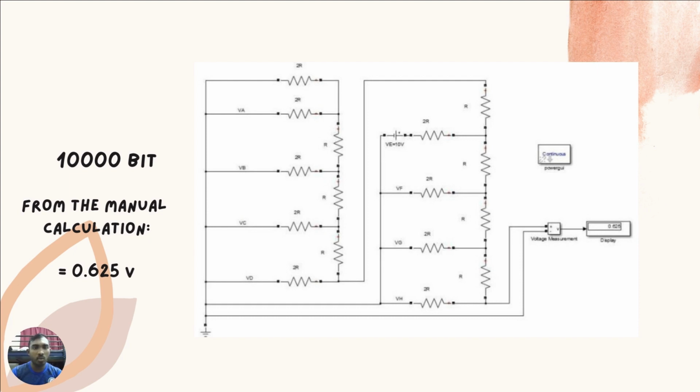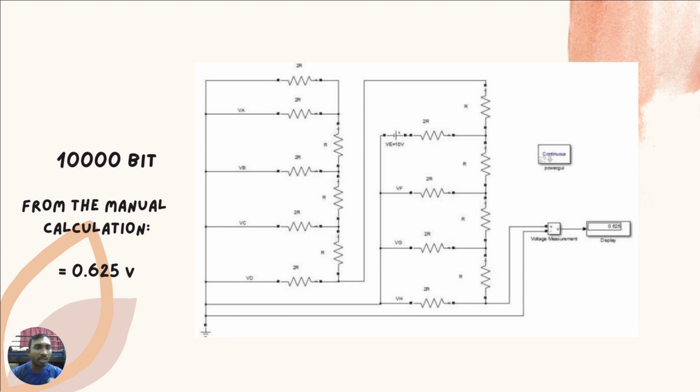As my friend mentioned, we present and explain the manual calculation. For 10,000 bit, we got 0.625 volt. For each of 10,000, 100,000, 1M and 10M, the value is multiplied by 2 in the end.